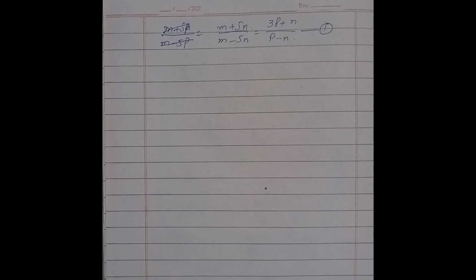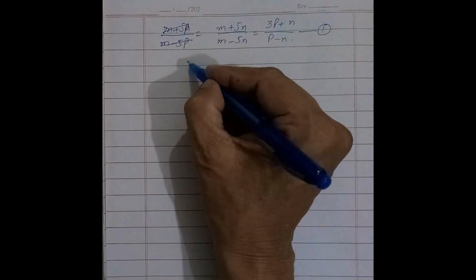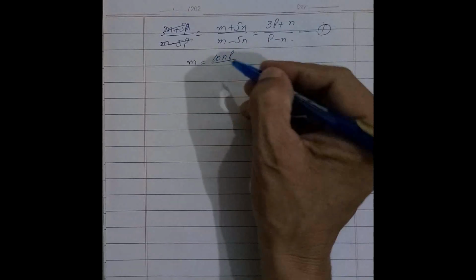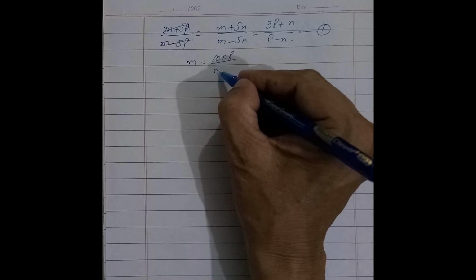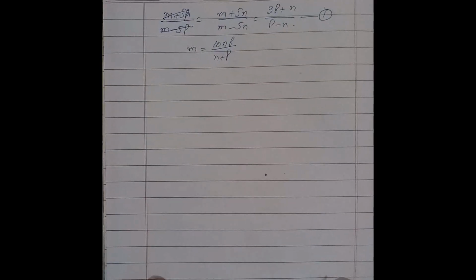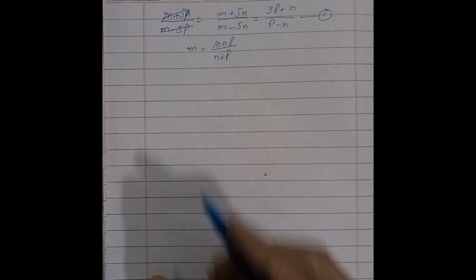And again we have m is equal to 10np over n plus p. We divide both sides by 5p.